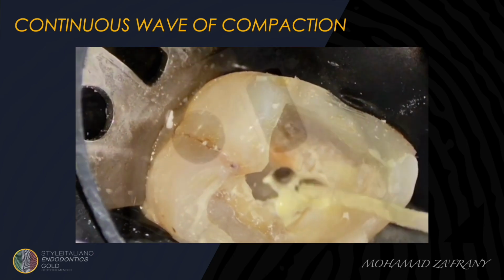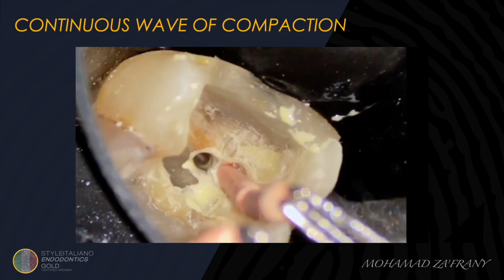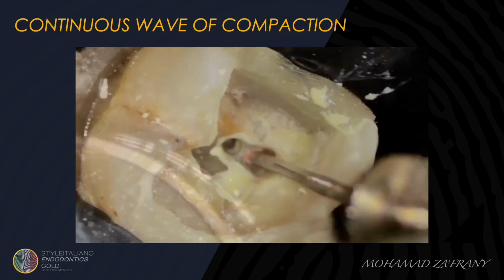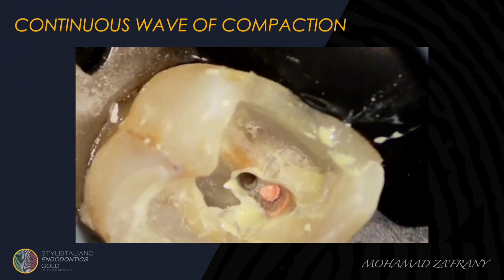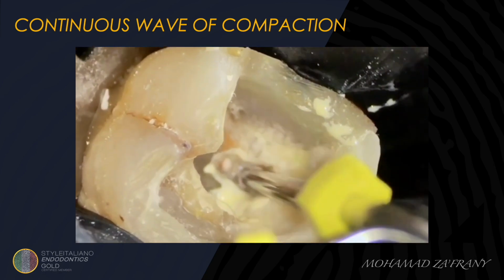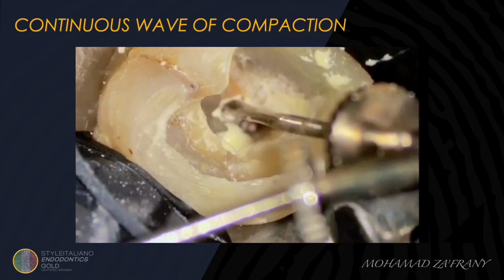After sealer application and master cone insertion, using a heat carrier, I'm cutting at orifice level, down packing the master cone shorter of the working length by about 5 mm. You can see here gutta-percha is coming out from MB2.